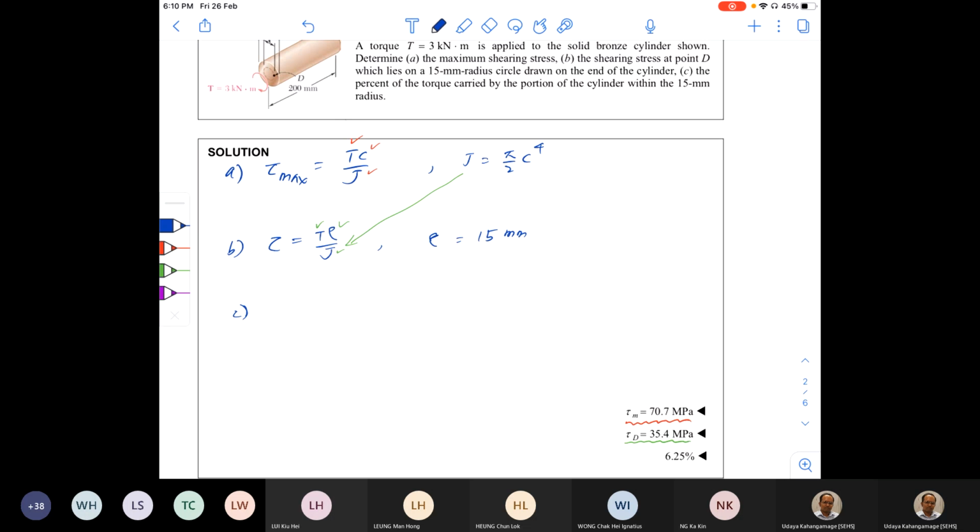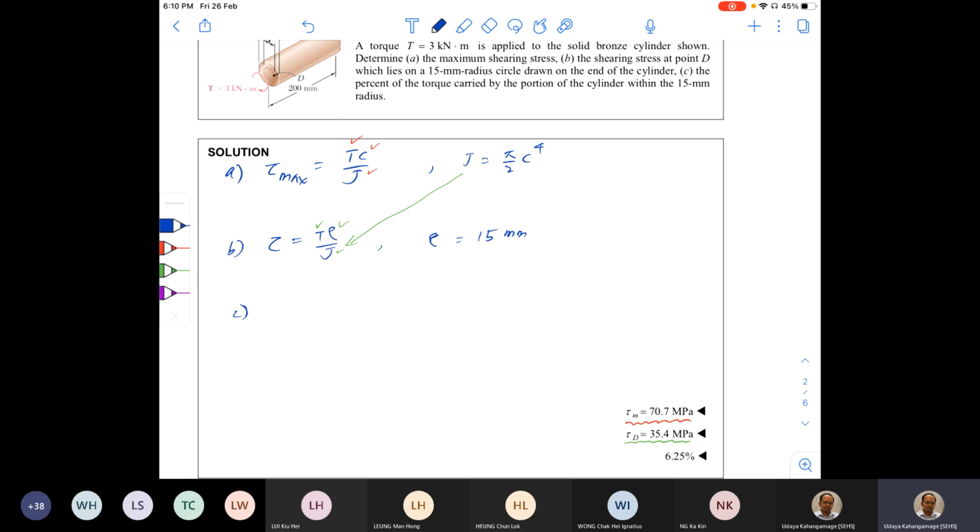This resistive torque is created by the shear stress on the surface, so we have to find out what percentage of this torque is taken by the inner core. If you find the torque resisted by the inner core, and you know the total torque, which is 3 kilonewton meter, then the ratio between those two provides the percentage.